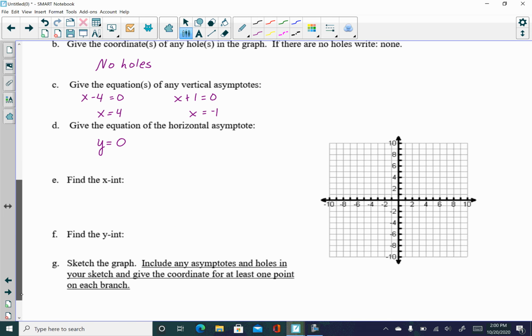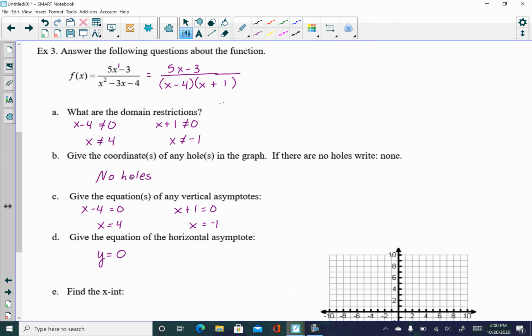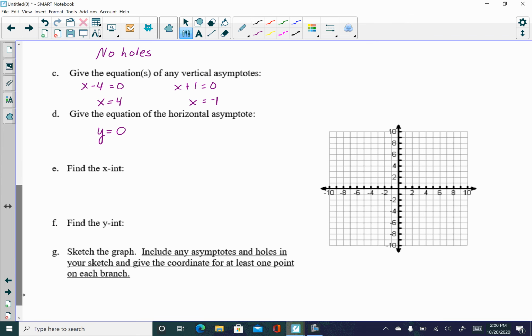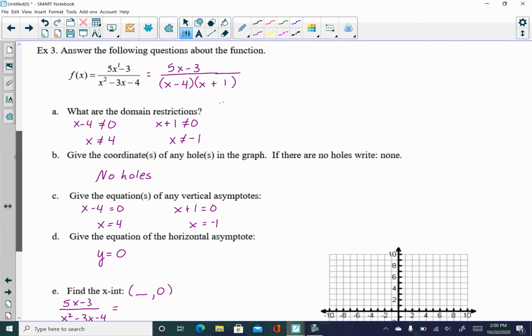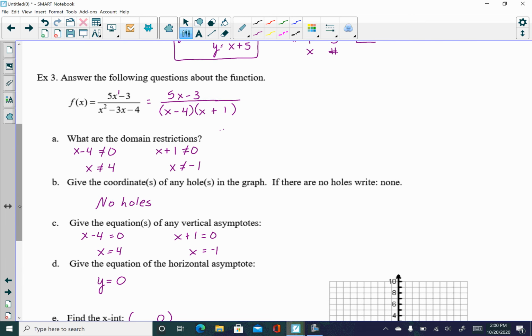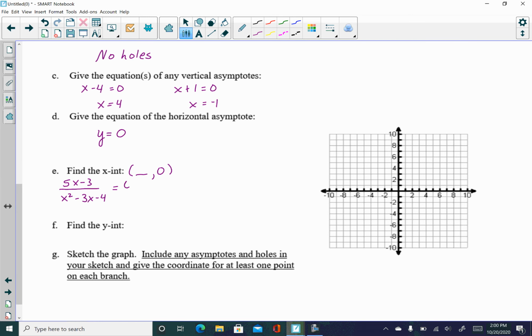Part E wants us to find the x-intercepts. If you remember, x-intercepts are where we let y equal 0 and we solve for x. So I'm going to take my function from the very beginning, 5x minus 3 over x squared minus 3x minus 4, and set it equal to 0. Your f of x is y, so I'm setting this equal to 0.